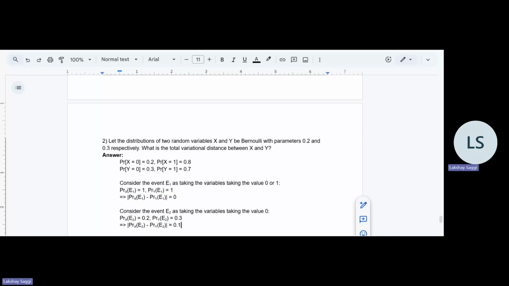And actually, you can see that if you take the third event E3 as the event where the variables take the value 1, in that case also this will be 0.8, this will be 0.7, and then 0.8 minus 0.7 will come out to be 0.1. So actually, this is the supremum value or the maximum possible value.